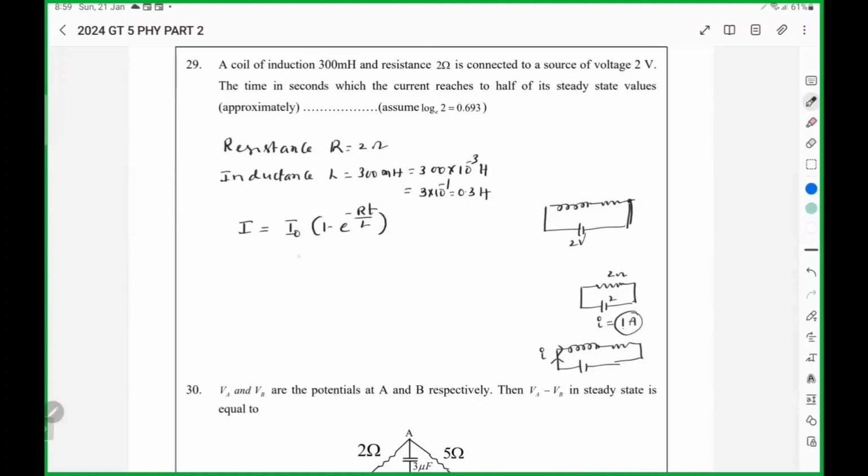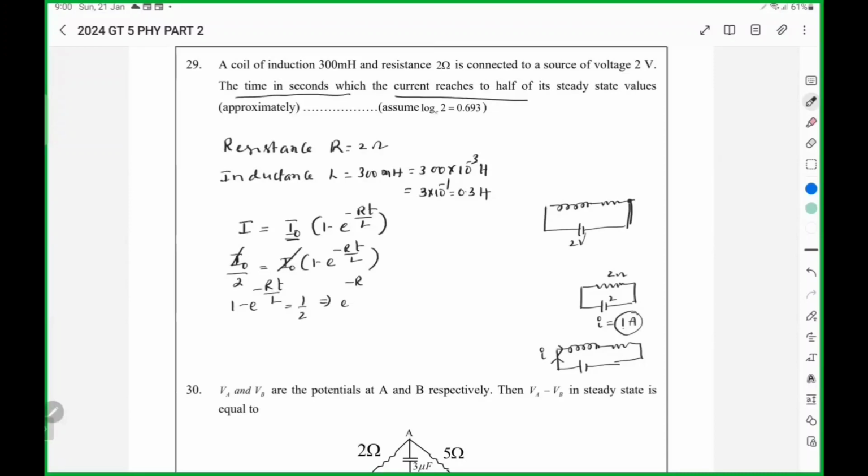So here is what he is asking: the time in seconds for which current reaches half of the maximum steady state current. So 1 minus e power minus Rt by L is half.